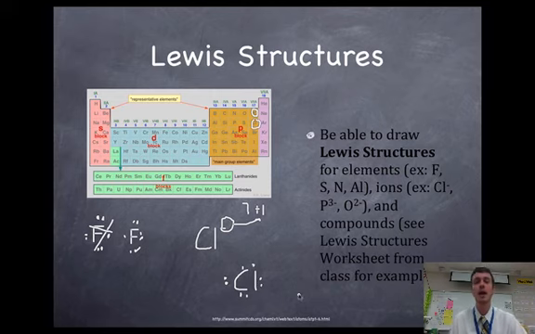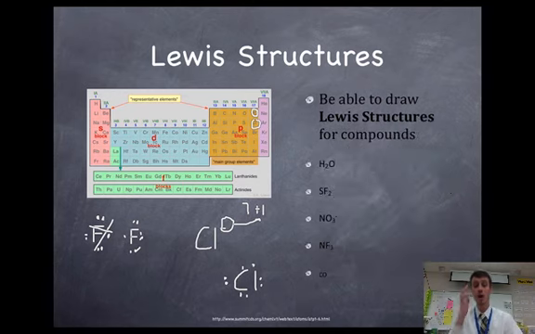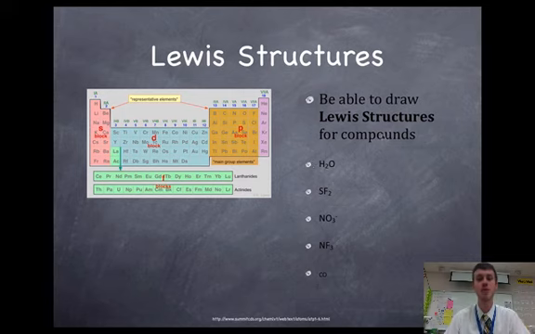There you go. And then you also need to be able to do Lewis structures for compounds. I think I have that on the next slide. Some examples here. Be able to draw Lewis structures for compounds. I want to try to go over all of these.